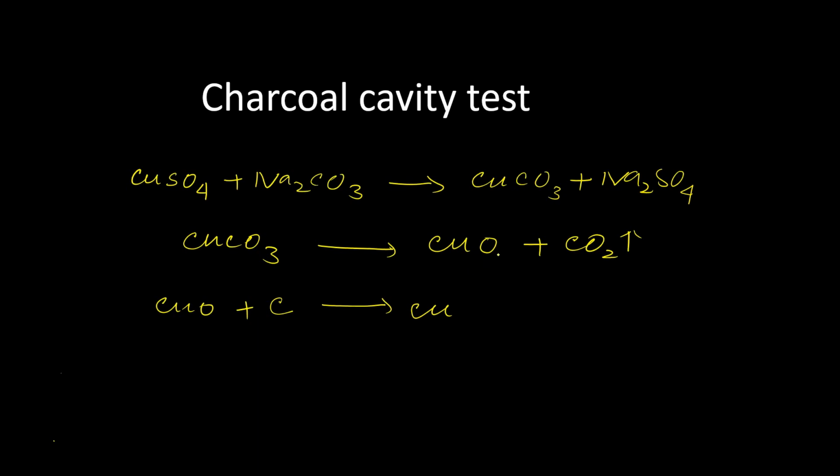Copper oxide is black, cupric oxide, and it will be converted to metallic copper, which is reddish brown. All of us know the color of metallic copper, and here carbon monoxide will form. So after heating, you will get coloration either from the oxide residue or sometimes from the metal.